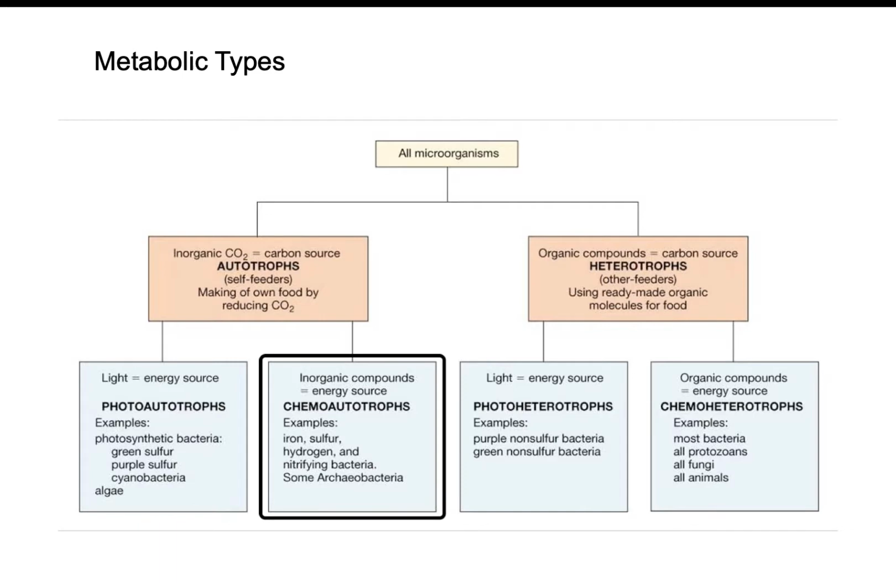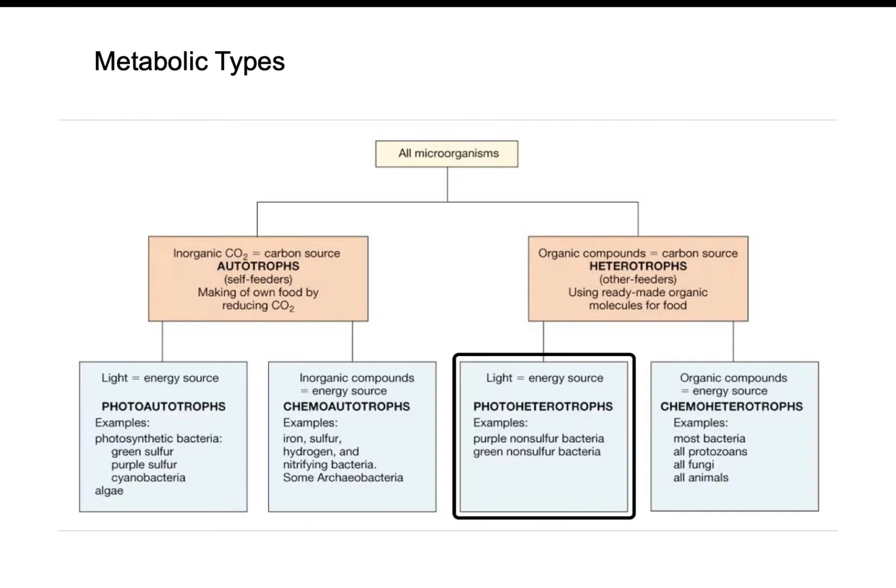And then there are chemoautotrophs that use inorganic compounds as an energy source, and those include iron, sulfur, hydrogen, and nitrifying bacteria, as well as some archaea. There also are two different types of heterotrophs, major groups. One are the photoheterotrophs that use light as an energy source, but they can't fix their own carbon.